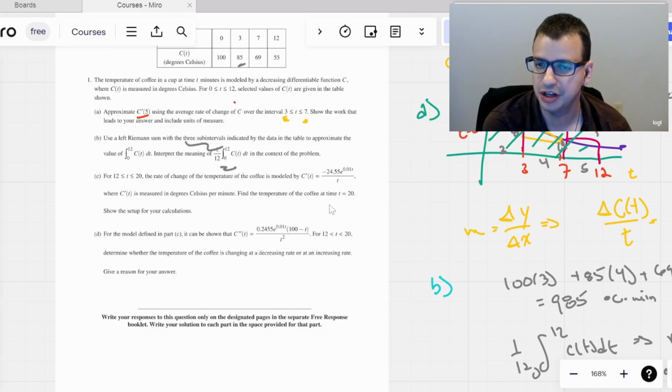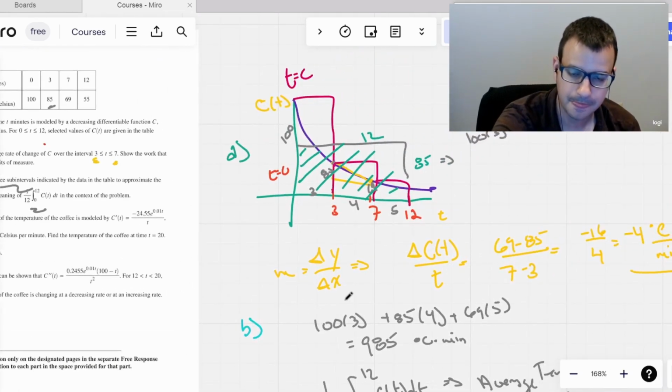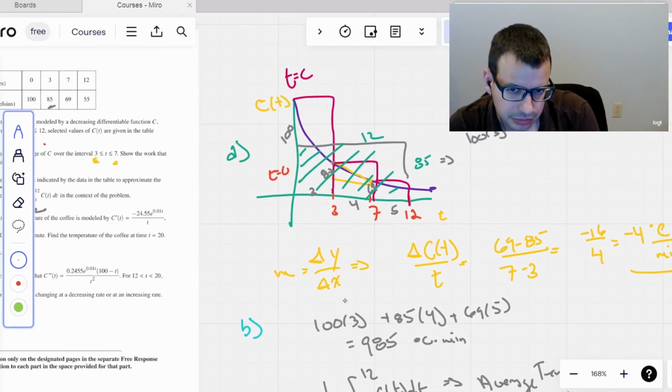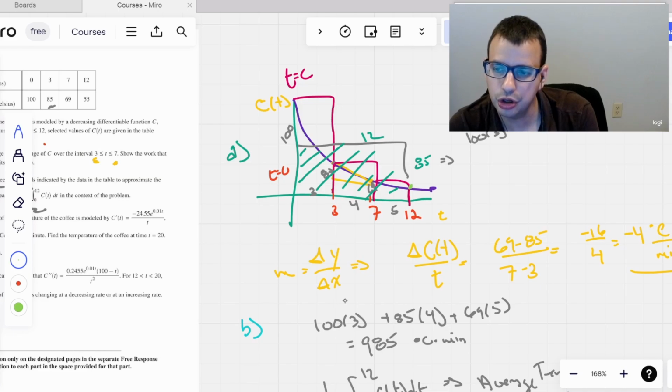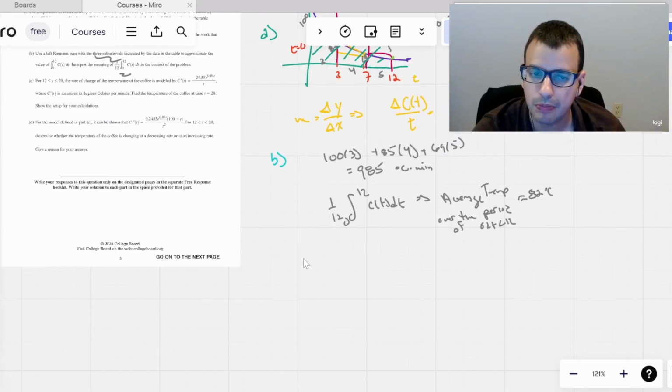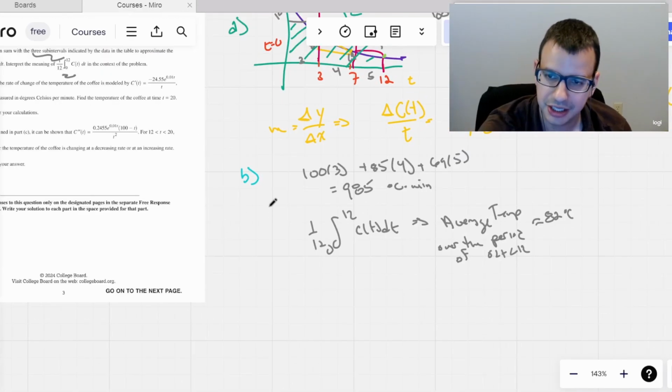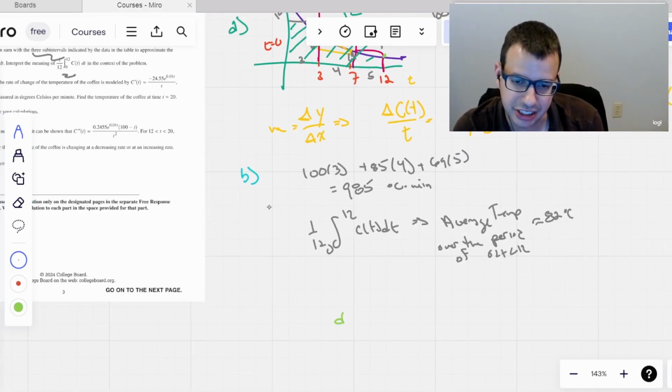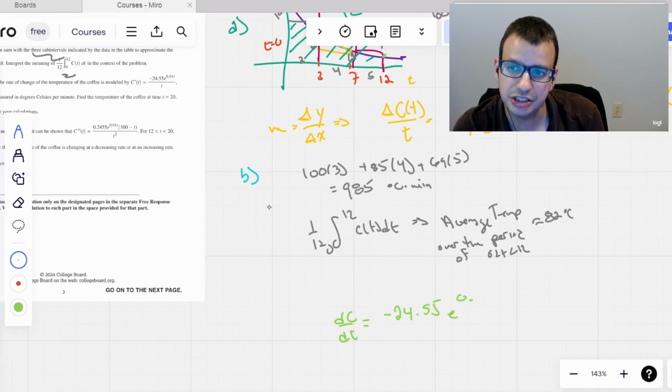Find the temperature at time t equals 20, and show the setup. Okay, so we have dC/dt equals negative 24.55 e to the 0.01t.